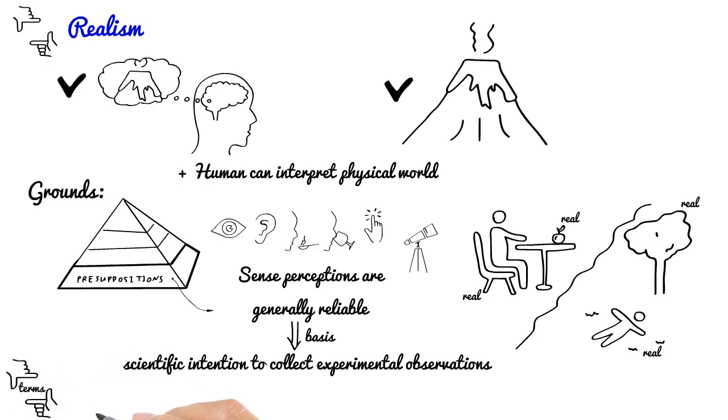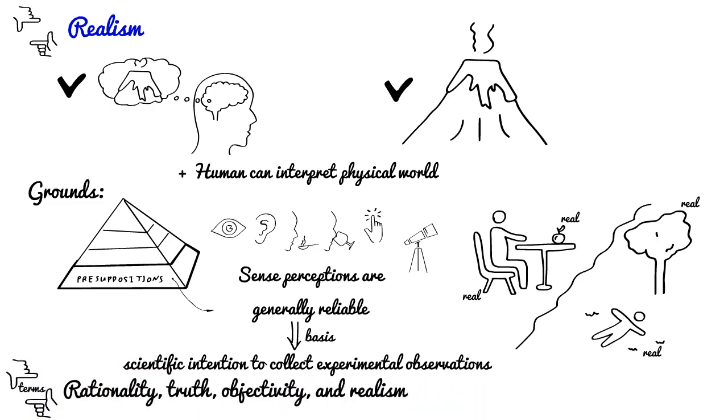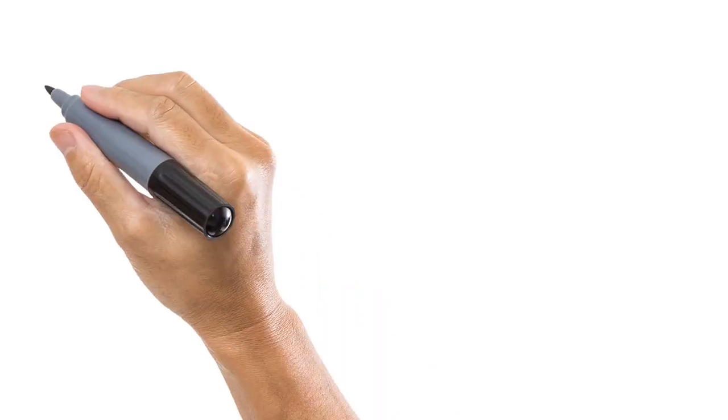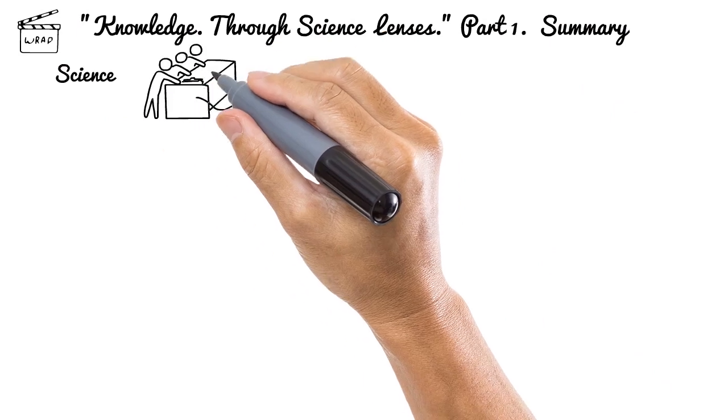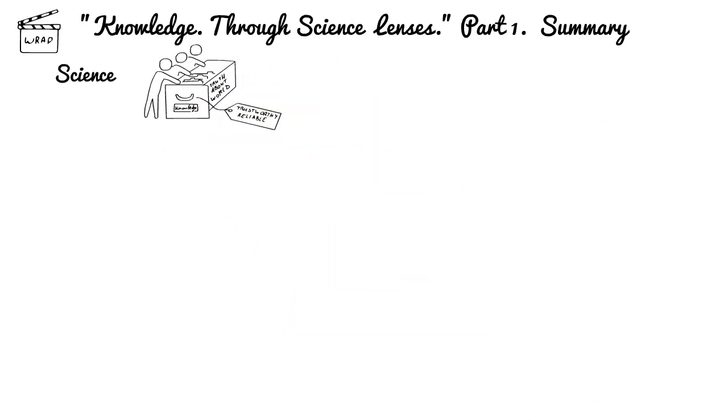We just discussed four important terms: rationality, truth, objectivity and realism. They are all bases for scientific thinking, along with presuppositions underneath all scientific thinking. What we have discussed in this video, Through Science Lenses Part 1: Science is a human activity field aimed to form and systematize knowledge about reality.